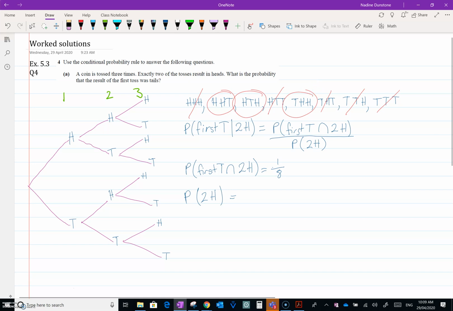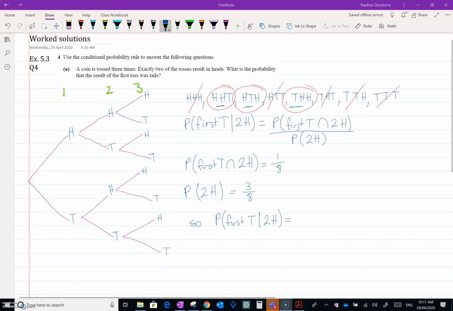And then the probability that we get 2 heads, well, that's the 3 that we've circled here. So we've got head, head, tail, head, tail, head, and tail, head, head. So that is 3 over 8.